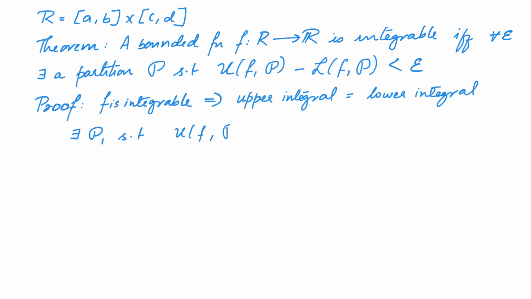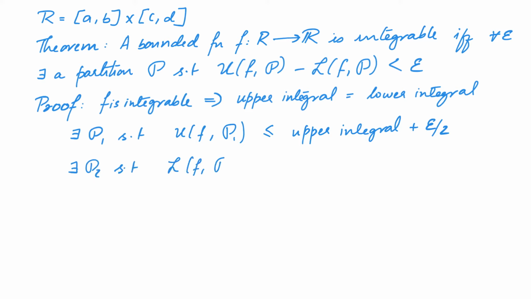Therefore, if you take a slightly bigger number, say upper integral plus epsilon by 2, then you can find a partition P1 such that U(f,P1) is less than or equal to upper integral plus epsilon by 2. Similarly, you can show that there exists a partition P2 such that L(f,P2) is greater than or equal to lower integral minus epsilon by 2.